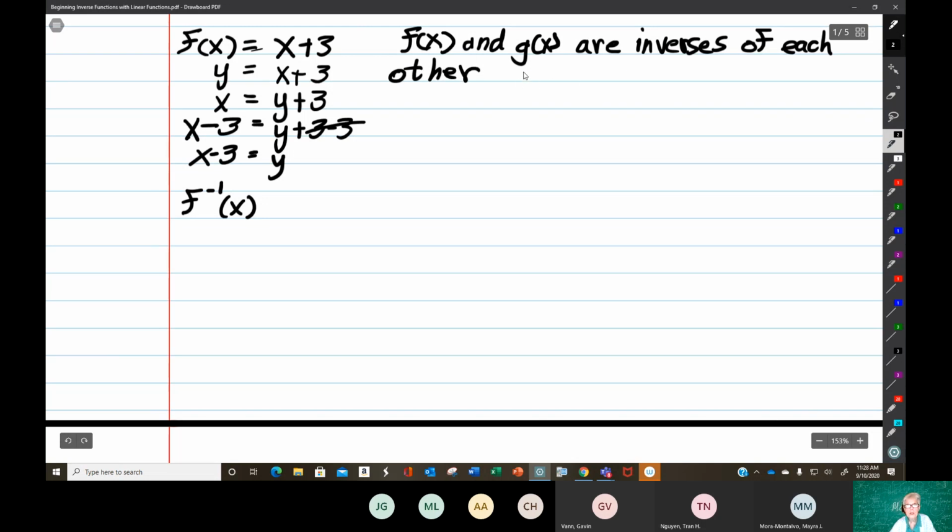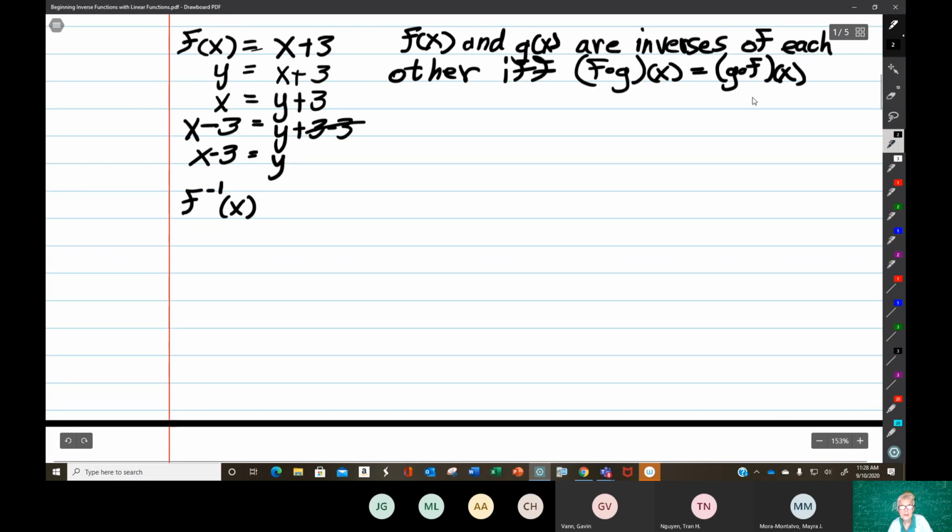Here's a new symbol for you in math. If and only if. That means absolutely only if. f circle g of x equals g circle f of x.